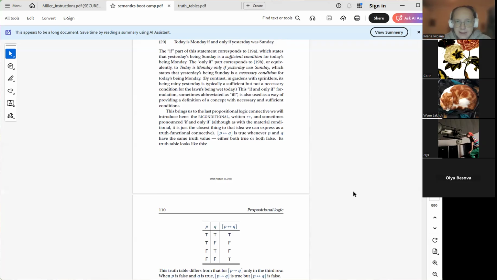So yesterday's being Thursday is a sufficient condition for today's being Friday, and a necessary condition. Yesterday's being Thursday is a necessary condition for today's being Friday.